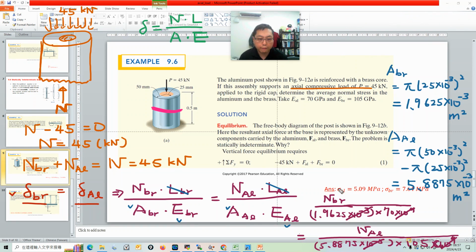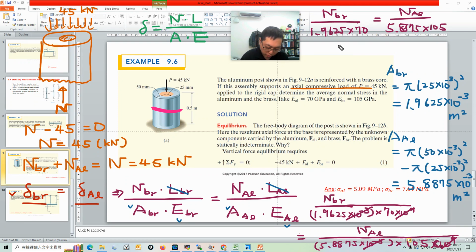Finally we will have 1.9625 times 70 equal to aluminum 5.8875 times 105. So what will you get? I think you will get this equation like this. You will find it's really true.